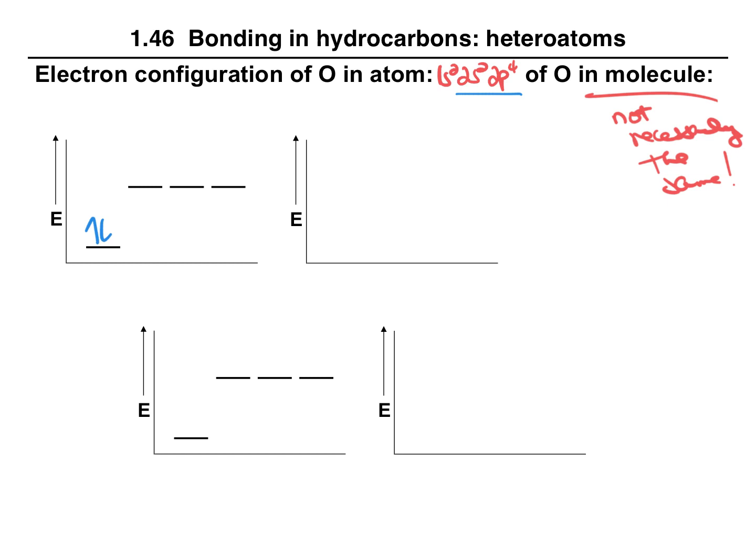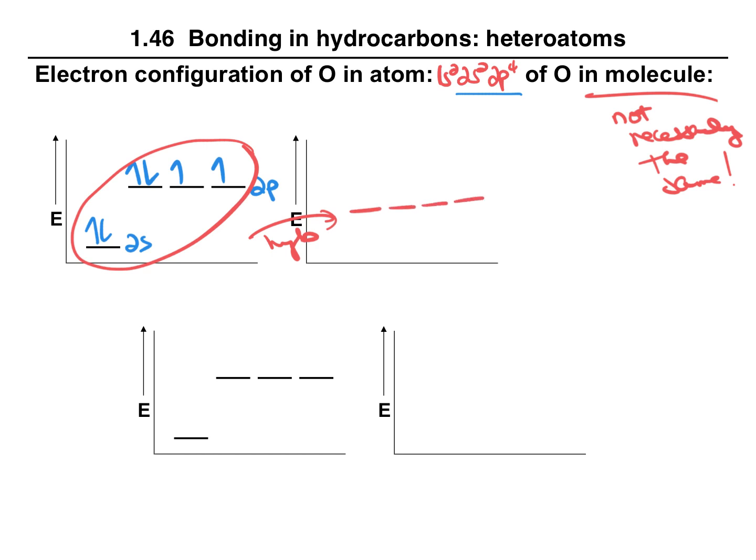So we have 2 electrons in the 2s orbital, and then in the 2p orbital, we have 1, 2, 3, 4 electrons. We could imagine that these 4 orbitals could be hybridized to give 4 new orbitals, and we would have 1, 2, 3, 4 sp3 hybridized orbitals.